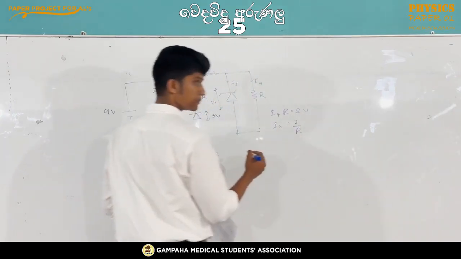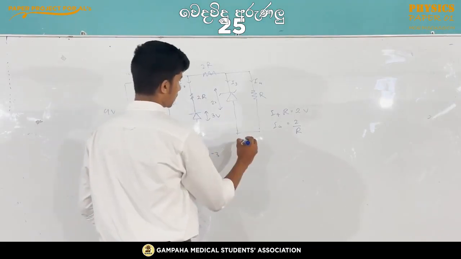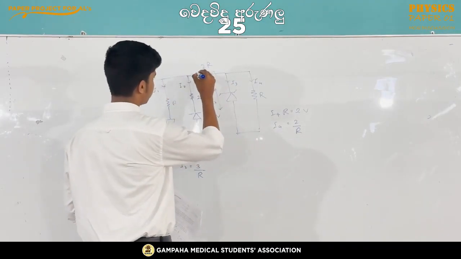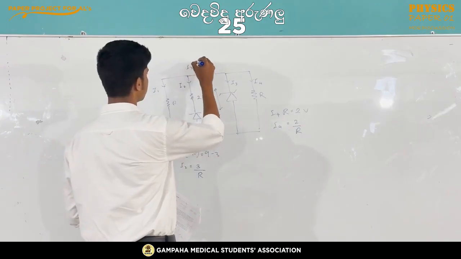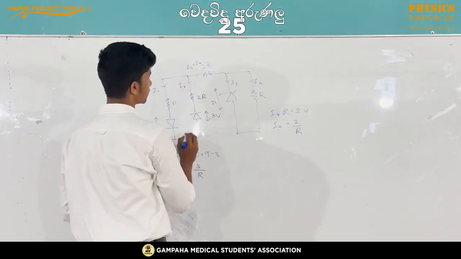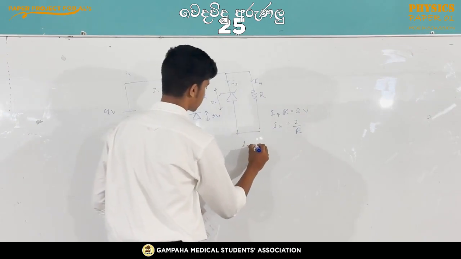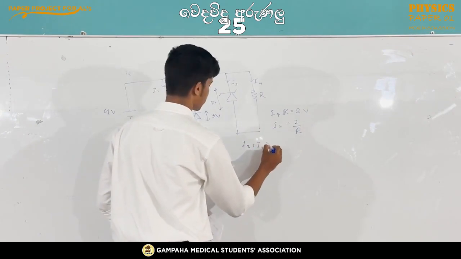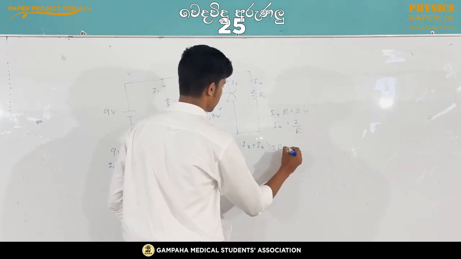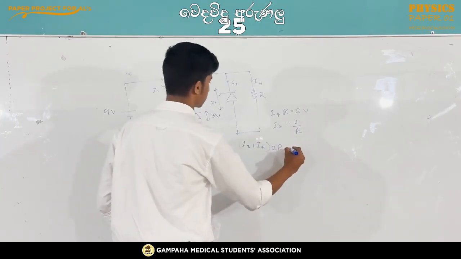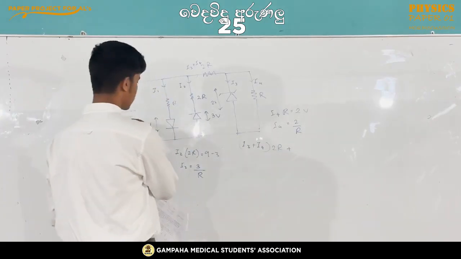Then thereafter, when it comes to this point, I3 and I4, both of these currents pass through the resistor 2R. Then (I3 plus I4) times 2R plus 2 volts is equal to 9.